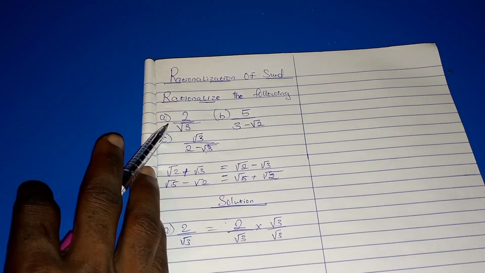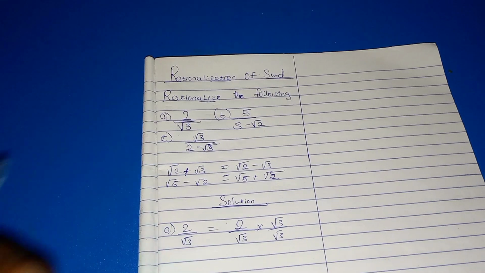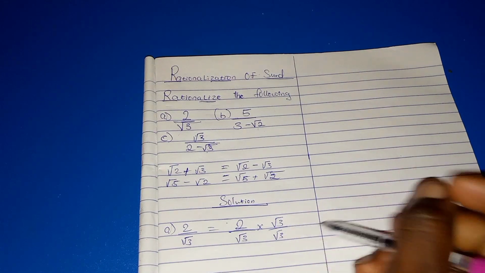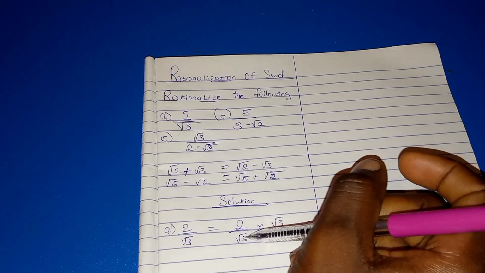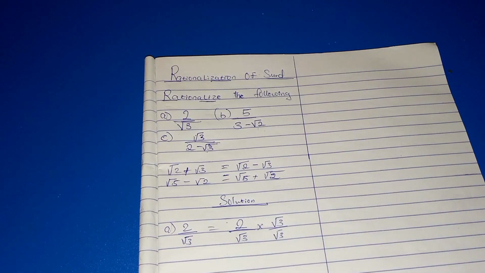This one doesn't have any sign attached to it, but we multiply both the numerator and the denominator with the same number that we have in the original denominator.